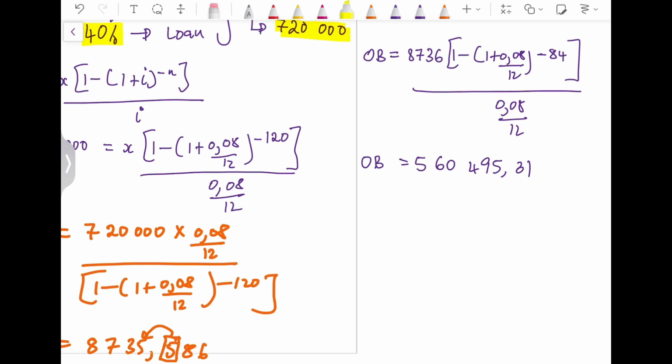So this is the outstanding balance after 3 years. After 36 payments have been made, the number of payments that are remaining is only 84. So this is our outstanding balance.